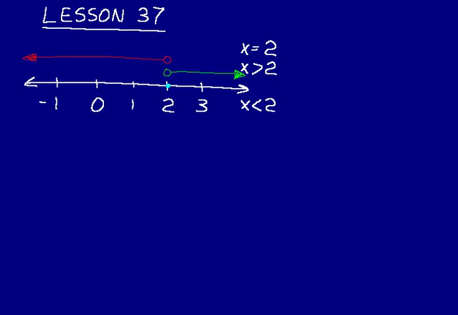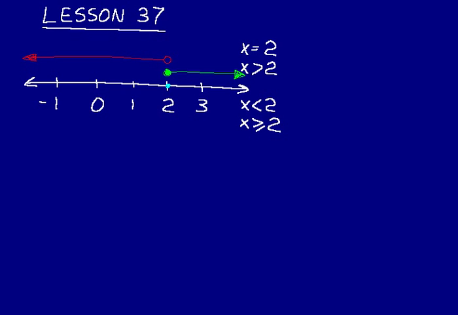Now, what if I wanted to express x greater than or equal to 2? That's the symbol that we use. It kind of looks like an equal sign and a greater than sign together. Well, what I would do there, and let's look at our x greater than 2 arrow that I have drawn there, our solution set in green, is just shade in the circle.